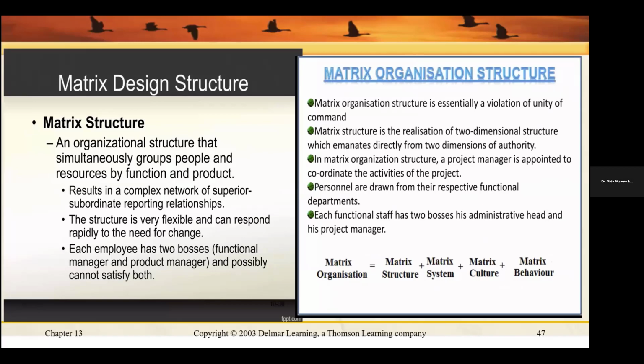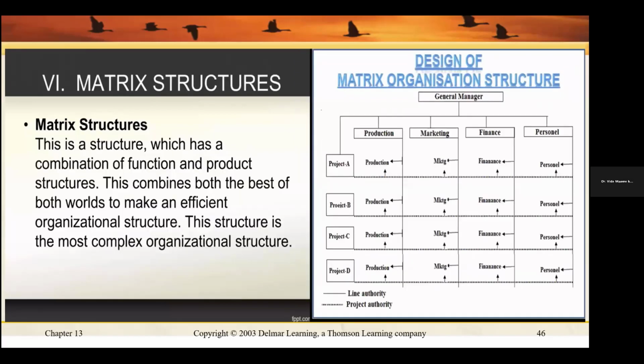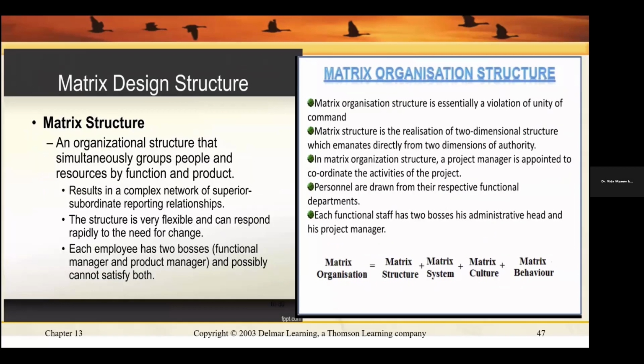So it results in a complex network of superior-subordinate reporting relationships. Who is my superior? So sometimes it violates the unity of command principle. We have the matrix organization, matrix structure, matrix system, matrix culture, and matrix behavior.